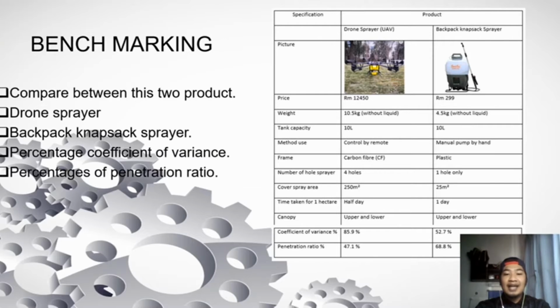We can see that the backpack knapsack sprayer has a higher penetration ratio since this method sprays beside the plant, so it is more efficient for agriculture. Same with our product, which is not only efficient but can also cover a wider area.